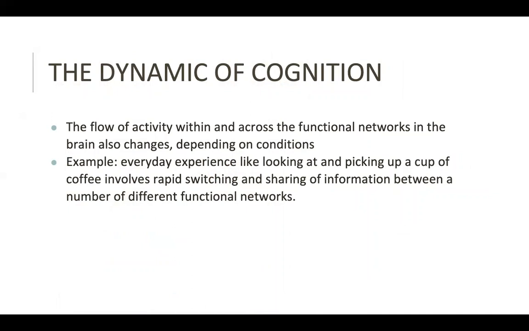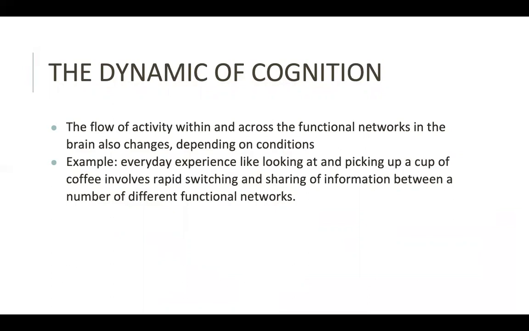An everyday experience like looking at and picking up a cup of coffee involves rapid switching and sharing of information between a number of different functional networks, right? So what is happening when a person looks at a cup of coffee on the table? Looking at the cup causes activity in the visual function network.